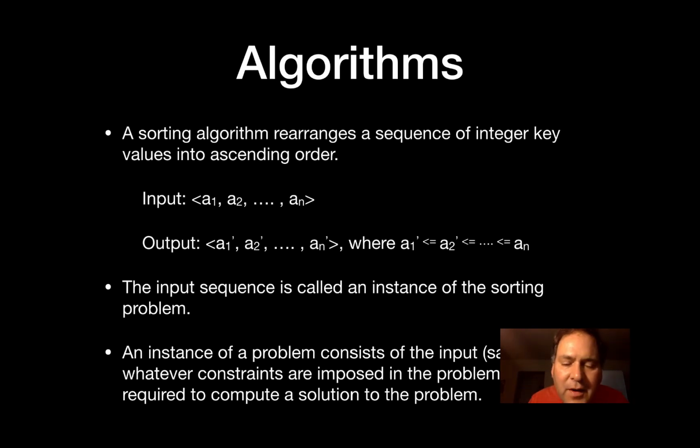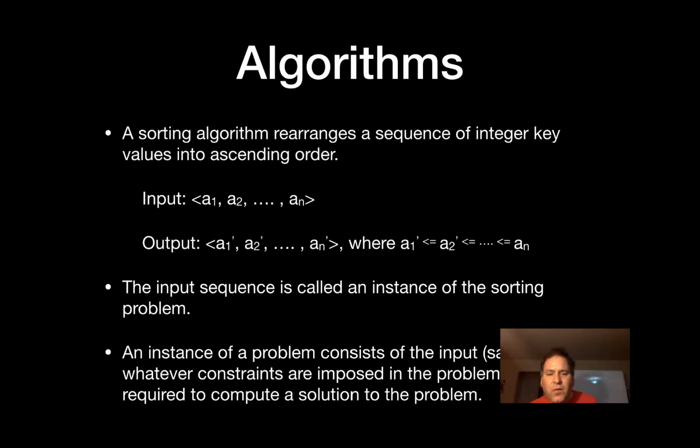And as output, we have a1 prime, a2 prime, a3 prime, a(n-1) prime, and an prime, where a1 prime is less than or equal to a2 prime, which is less than or equal to a3 prime, which is less than or equal to a(n-1) prime, which is less than or equal to an prime.